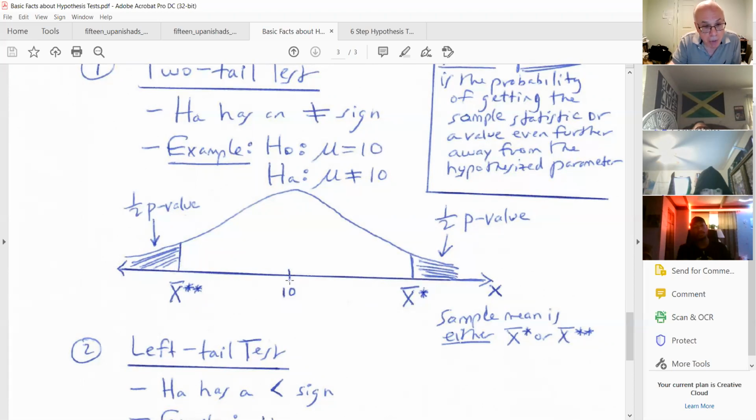So one of these areas is going to be calculated. It's either going to be the one on the left or the one on the right, again depending on the sample mean, if it's greater than the population mean, or if it's not.